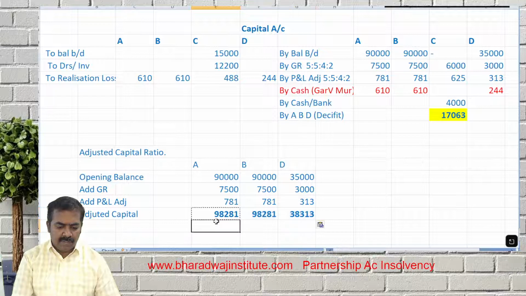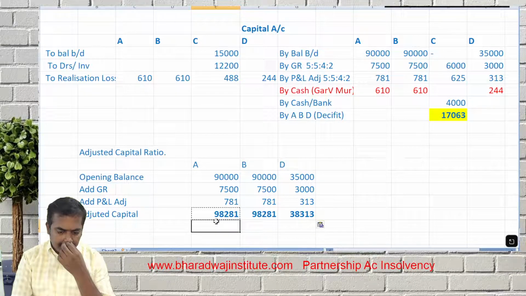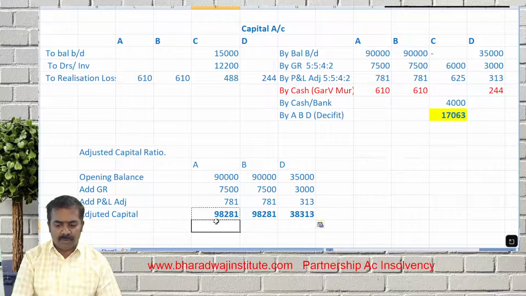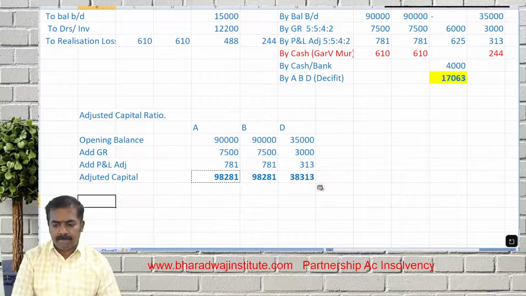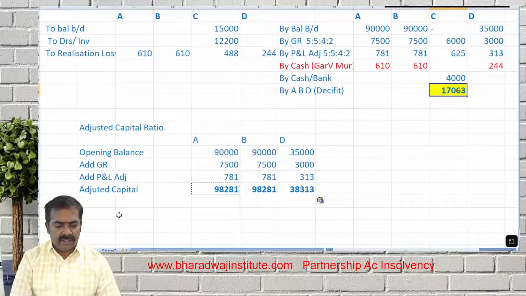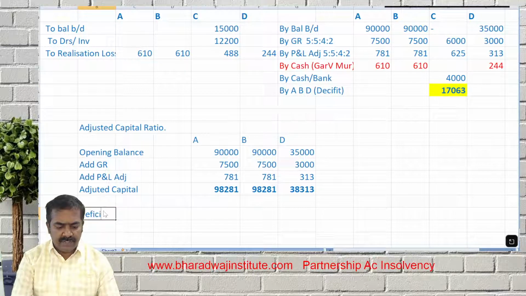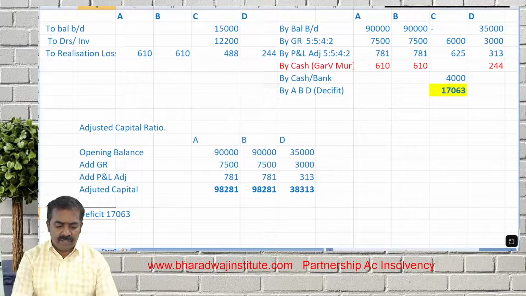I hope it will come in 2:2:1 now. No problem. So deficit. What is the deficit in C? The deficit is 17,063, to be borne in which ratio? In this ratio.